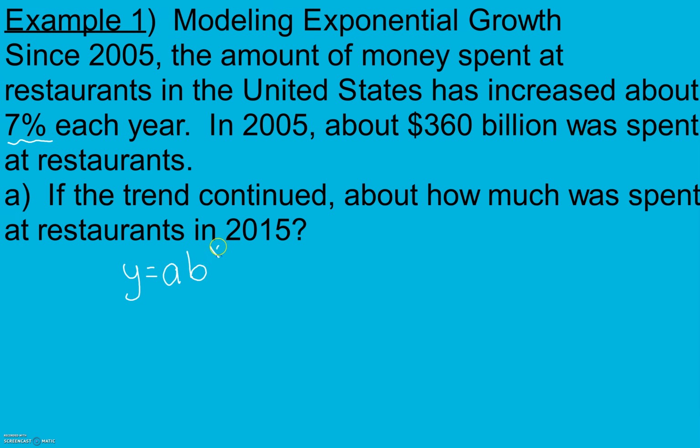a times b to the x power. Remember, b is our growth factor, and we find that by taking 1 plus, because it increased, 7%, but that 7% we put in as a decimal. So to get rid of my percent sign, I move my decimal 2 places, and I get 0.07.